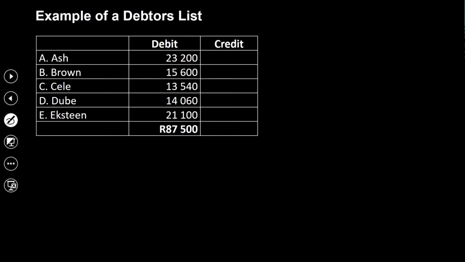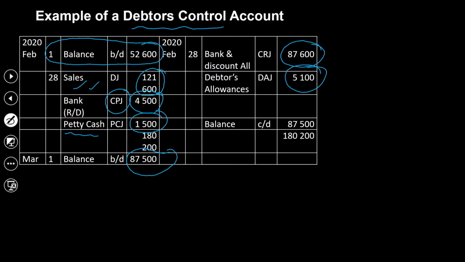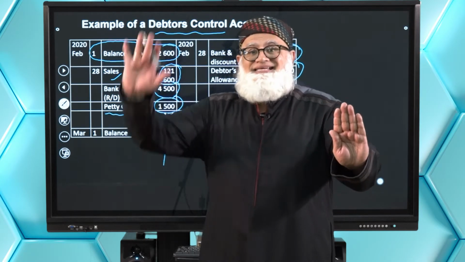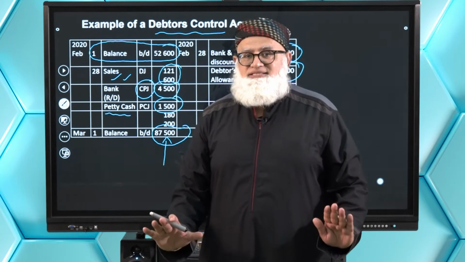Clearly you can see you have debtor A Ash, B Brown, C Sele, D Dube, and E Exteen. Those are your individual debtors. And if you total them, the total of your debtors list amounts to 87,500. And if you compare that to your debtors control account, watch, 87,500, meaning that your control account is in agreement with your debtors list.